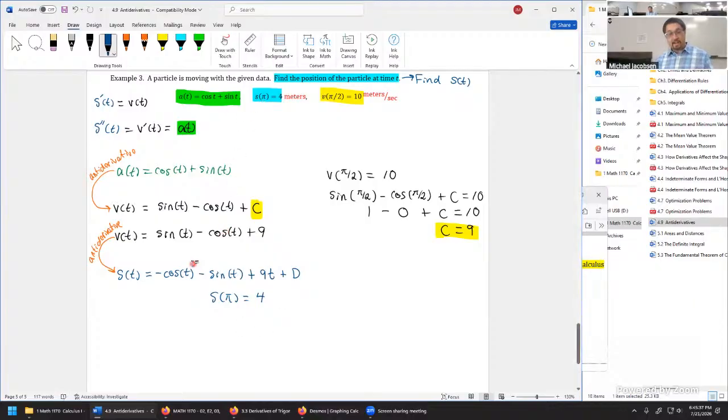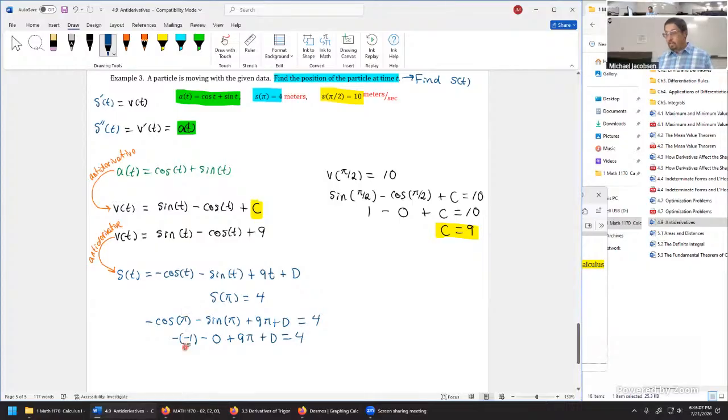We know the function at any time, so the left-hand side of that equation is negative cosine pi minus sine pi plus 9 times pi plus d is 4. So there's the substitution. Cosine at pi is -1, so this is negative of -1 minus sine at pi is 0 plus 9 pi plus d is 4.